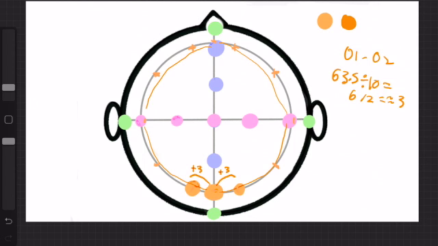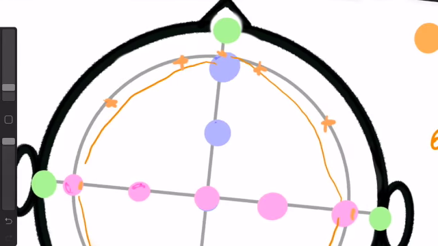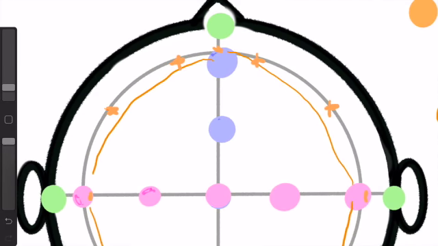So now we can do the same thing but on the front. We have to find FP1 and FP2, and we're going to get 5% of the total circumference.